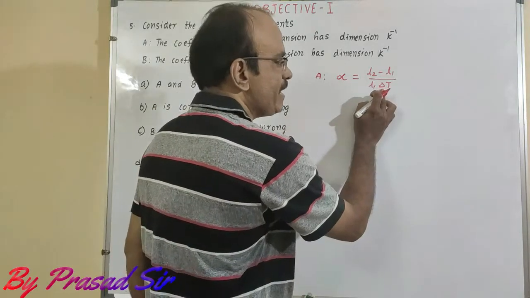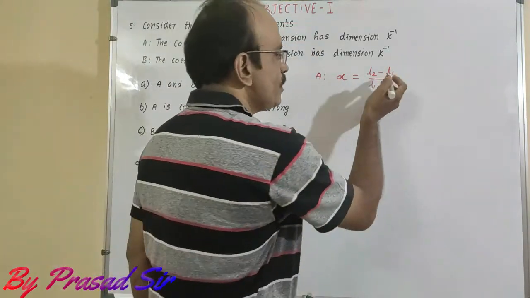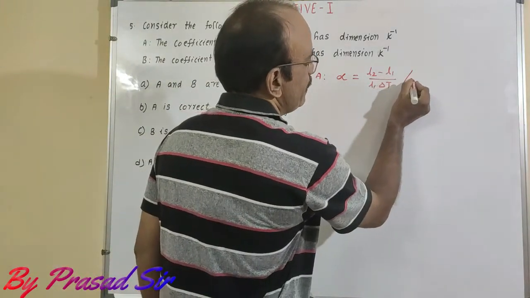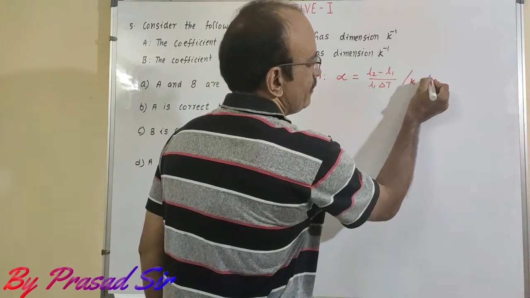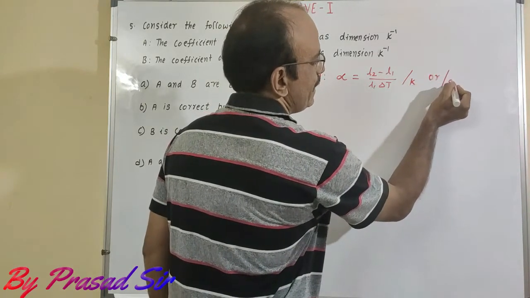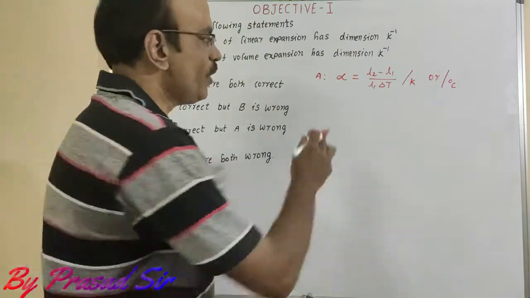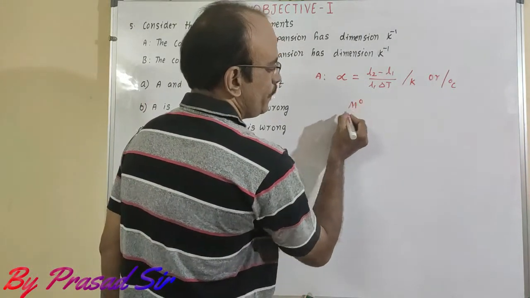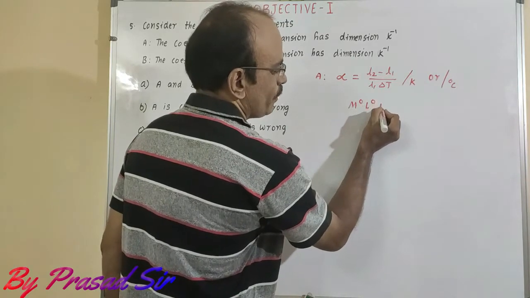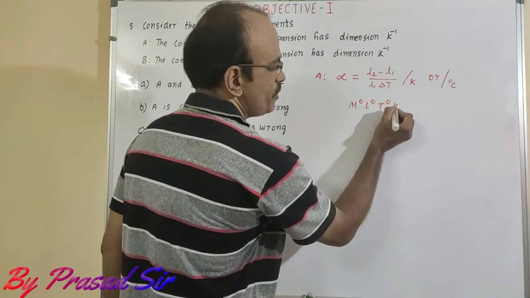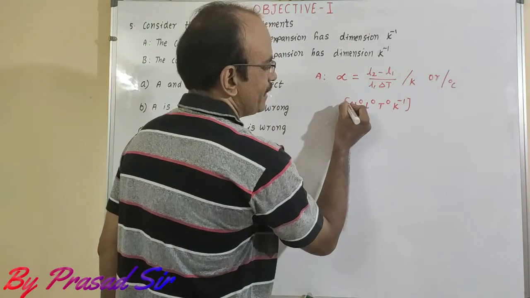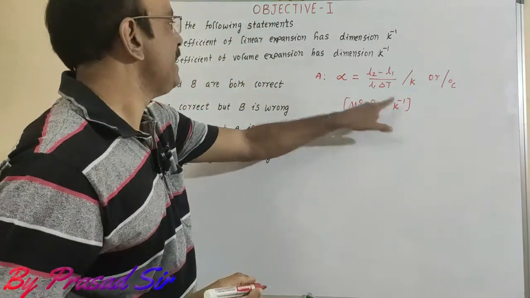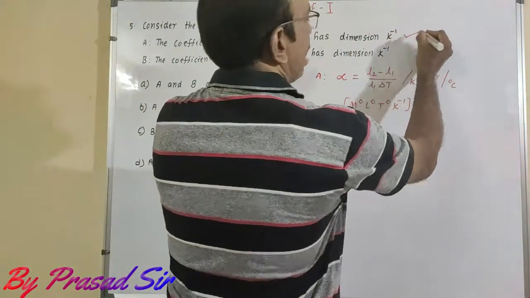So what is remaining here? Temperature. So what unit will you write here? Per degree Kelvin, or otherwise per degree centigrade. What is the dimensional formula? M to the power of 0, L to the power of 0, T to the power of 0, and K to the power of minus 1. So statement A is correct.